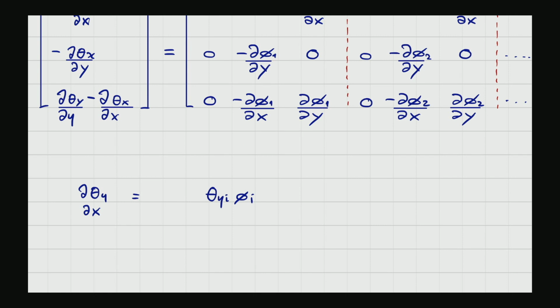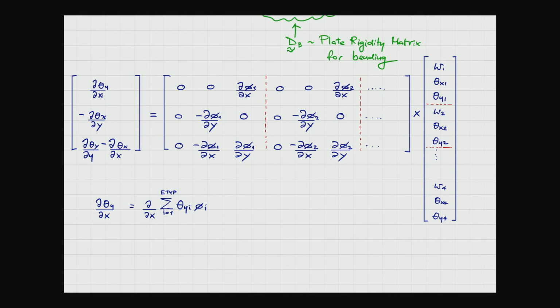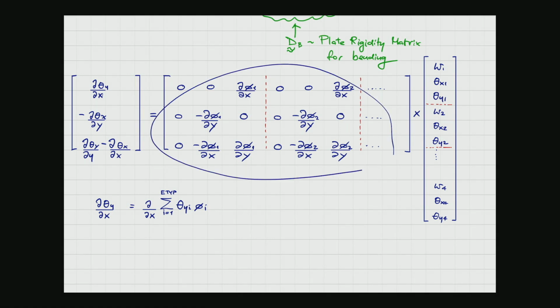So if you take the derivative, first of all you will need to have the summation from I equals 1 to n, the number of nodes in the element type, we had Q4, Q8, Q9, and we take the derivative of this with respect to x, and that is it. That's why we come up with the things above.